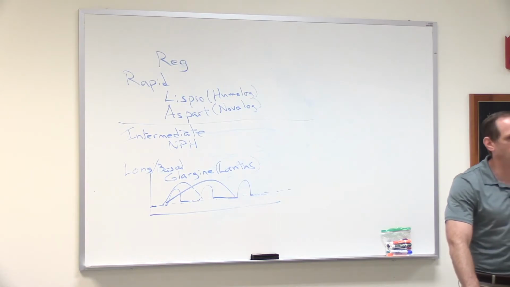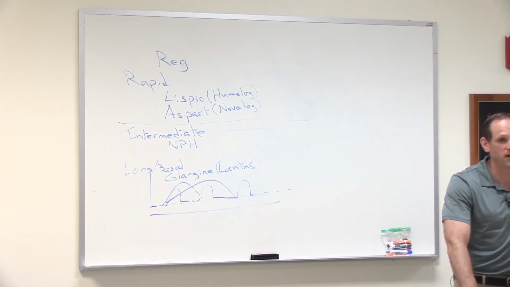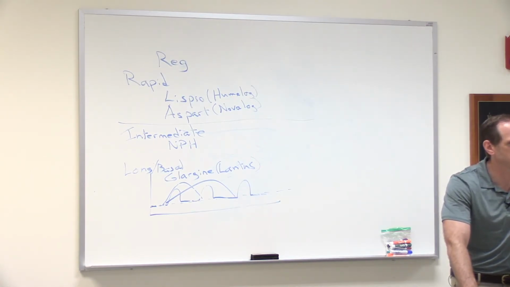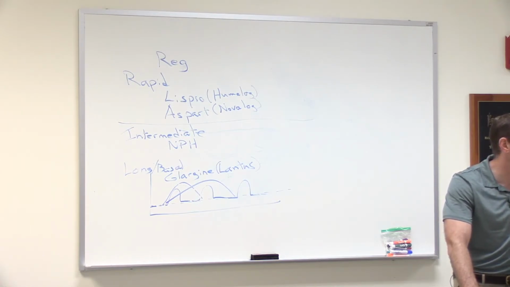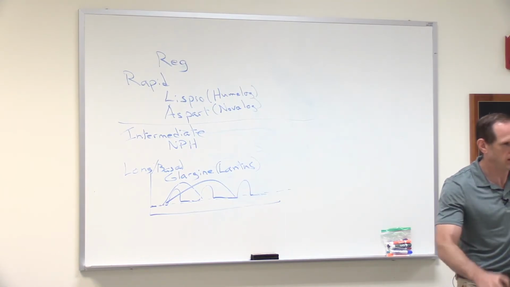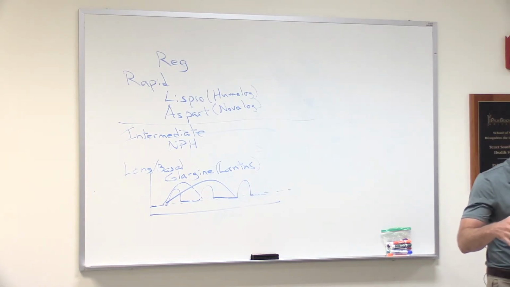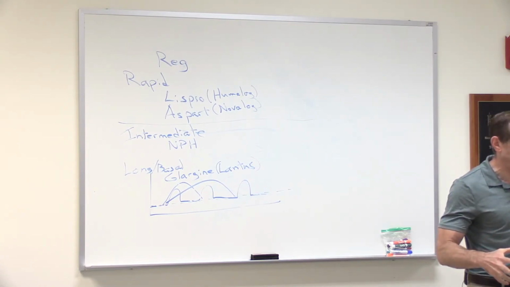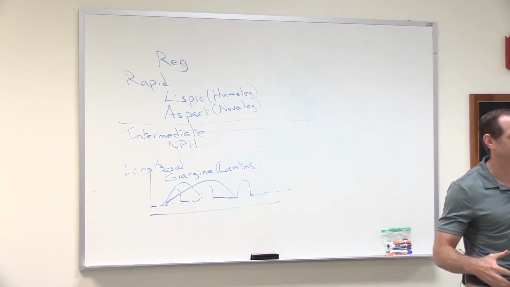And then, quick review from Pathopharm 1. What are the signs and symptoms of hypoglycemia? What are the early signs? Lightheaded, shaky, irritable.